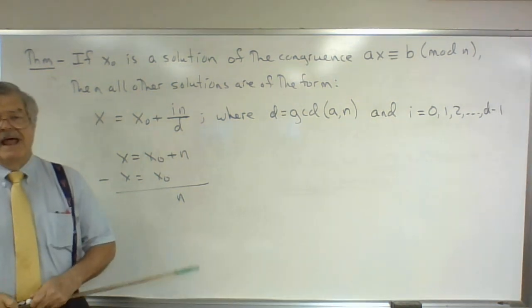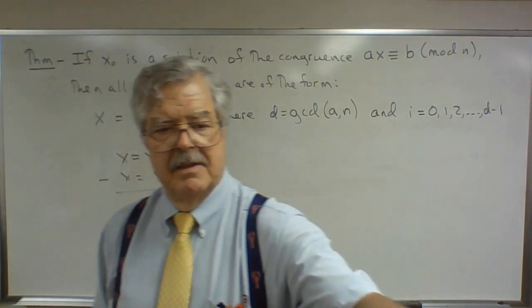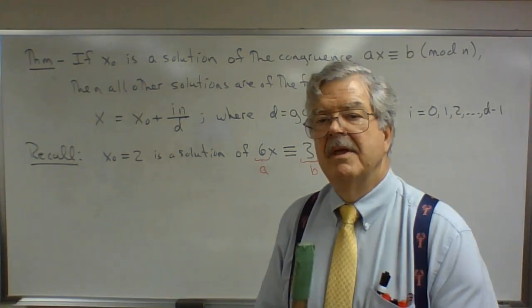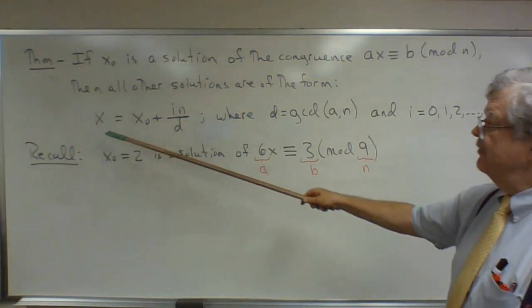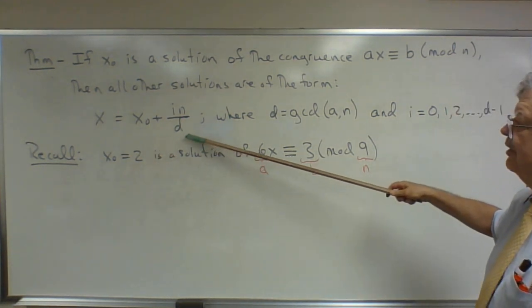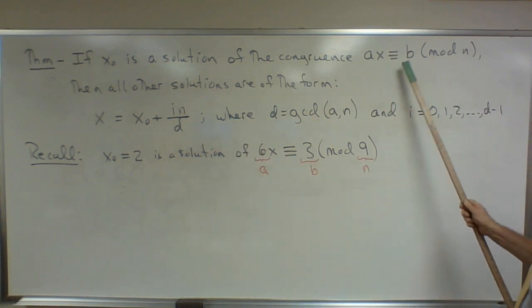Now, let's apply this to our example. Recall where we just were. We had a formula for generating all distinct solutions modulo n for this congruence.